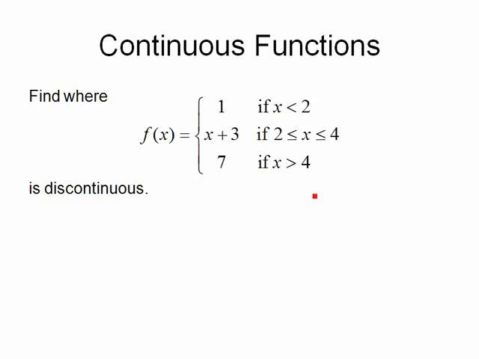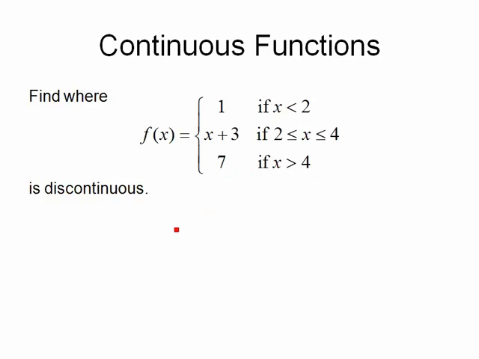By that I mean it's defined in 3 different pieces. If you're using x values that are less than 2, it's defined by the formula 1. If you're using x values between 2 and 4, including 2 and 4, it's defined by the linear function x plus 3. If you're working with x values that are greater than 4, then it's defined by the constant function.